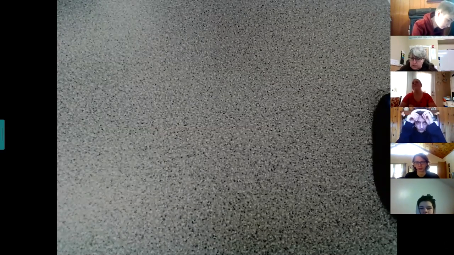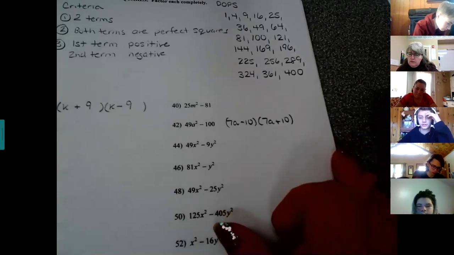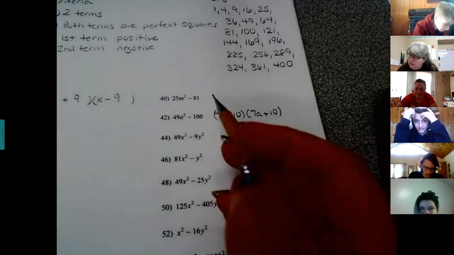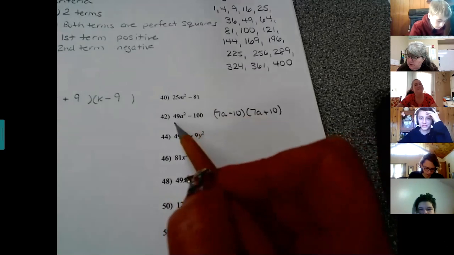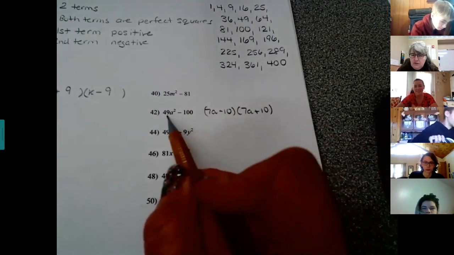All right. Grayson, you are correct. Logan, got to look at it a little bit. Look at the pattern. You look at this and you see if it's a square, and it is.